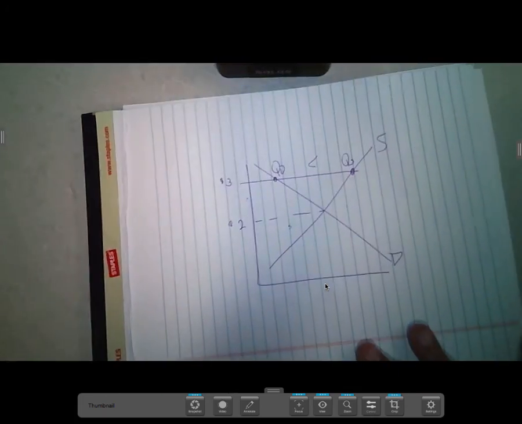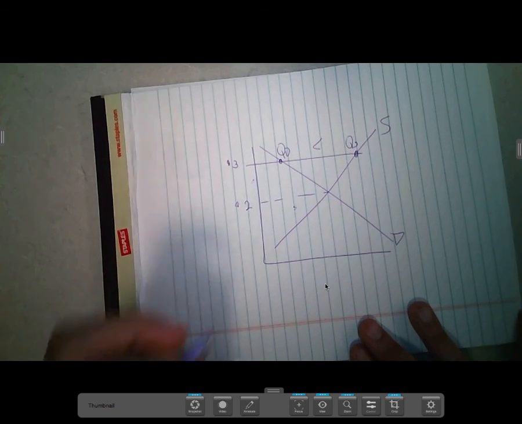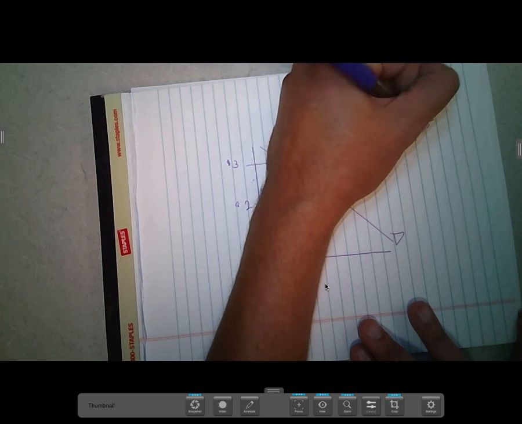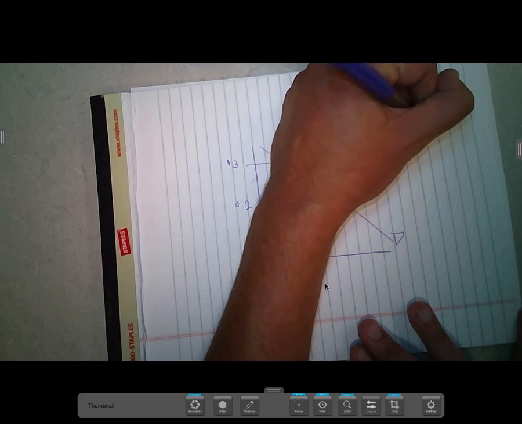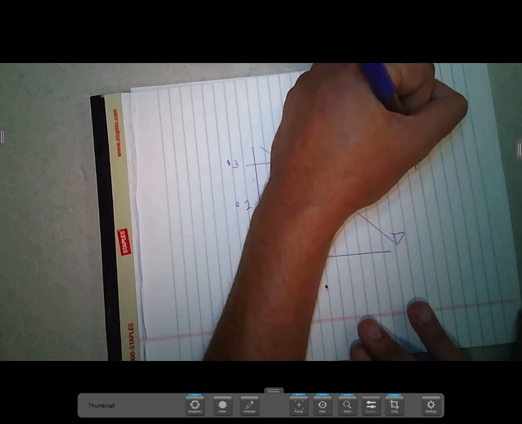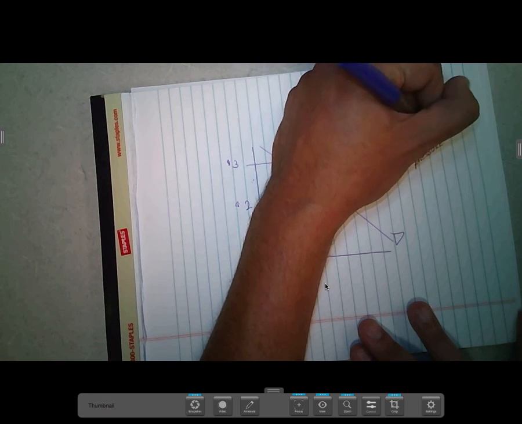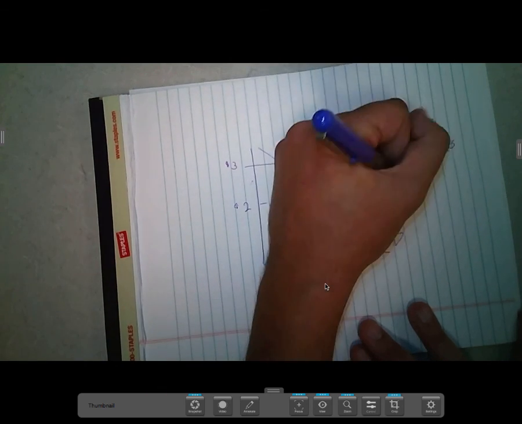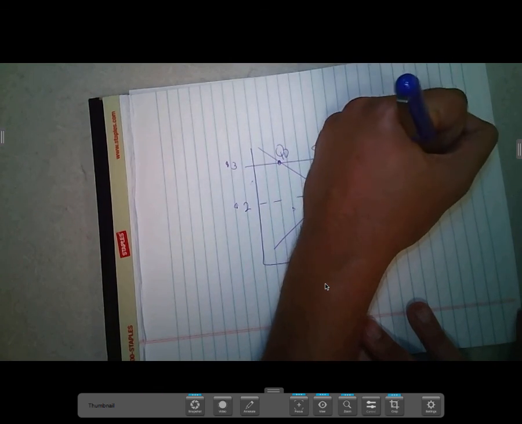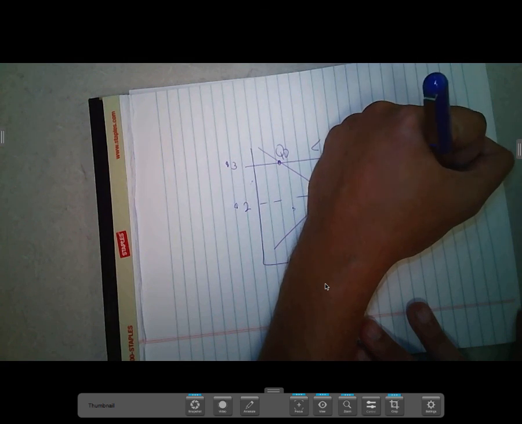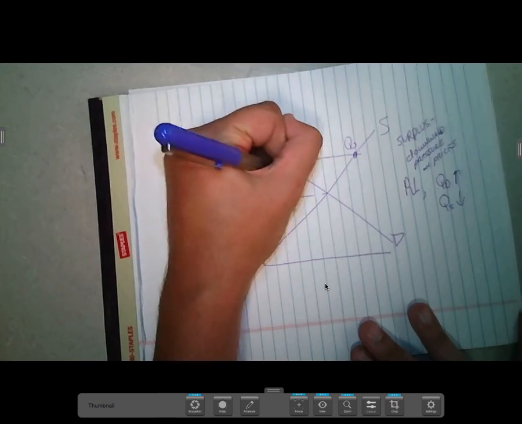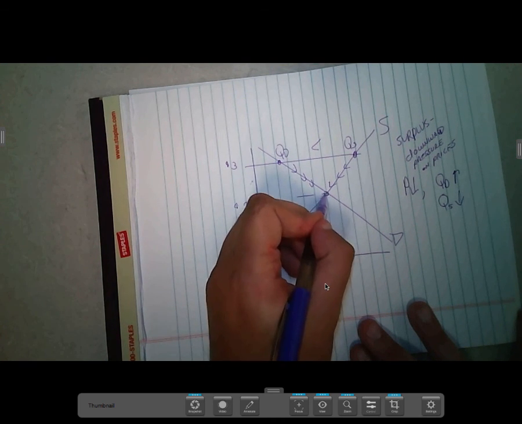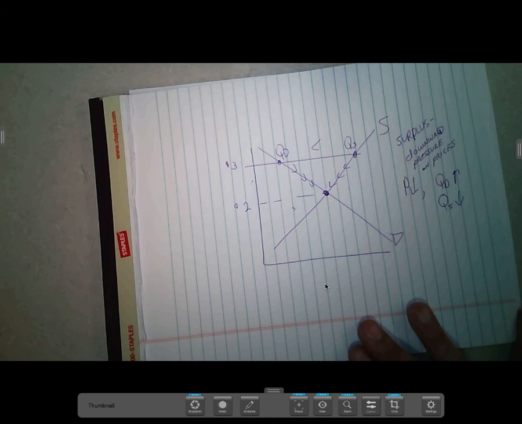But because of the surplus, there would have been downward pressure on the prices. If the price was falling, then quantity demanded would rise, quantity supplied would fall. And that would happen until it got to equilibrium.